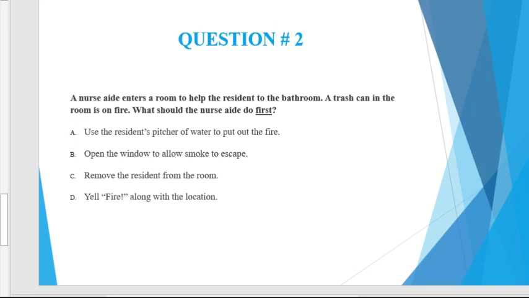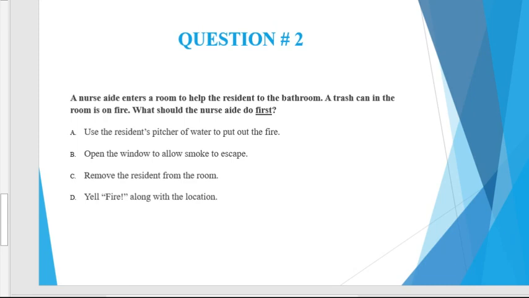Remove the resident from the room. Even if you don't know what to do here, remember the response to fire emergency acronym, RACE. That could help you answer this question. But with safety in mind, the first thing you need to do is to what? Remove your patient before any other thing.